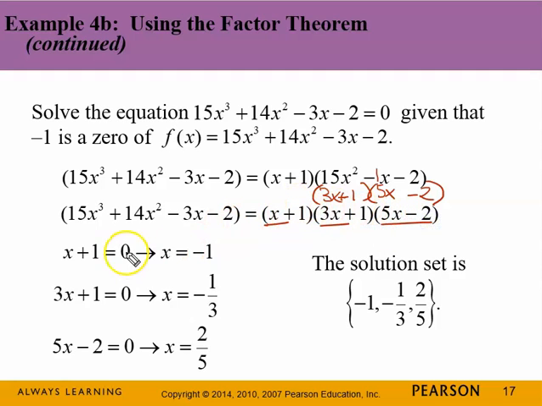And now equate each of these factors to 0. And here we had this one already, -1, we said was one of the zeros. Another one will be a -1/3. And then the last one is a 2/5. And putting them in set notation, this is our solution set for this.